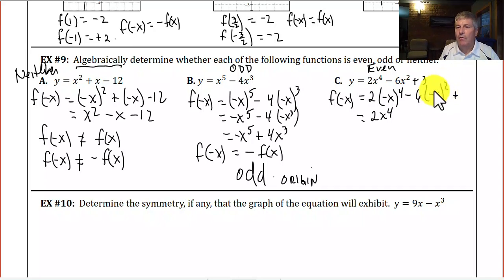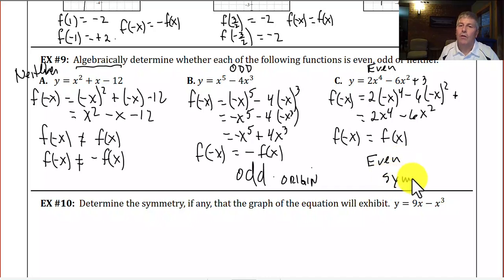Negative x squared is going to become positive again, and I get negative 6x squared. And that is the exact same thing that I started with, so f of negative x does indeed equal the same output as f of x, and that is an even function, and it'll be symmetrical across the y-axis.